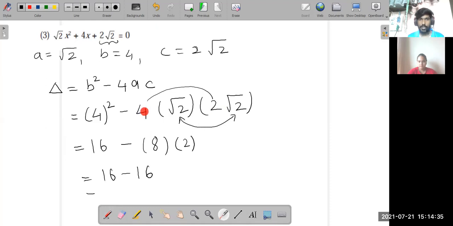This 4 multiplied by this 2. Okay, 4 into 2, 8. And then I multiplied this root 2 into root 2, which is 2. And then you multiply these two again, 8 into 2, which is 16. So that's how you get 16 minus 16, that is 0. So the value of the discriminant here is 0. Is it clear?